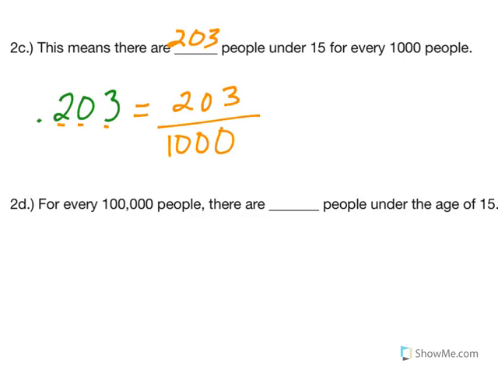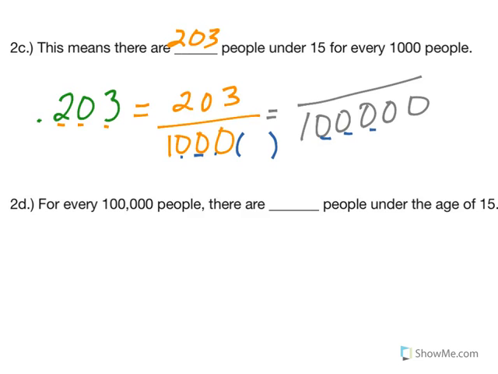Now, when we work to letter D, we can use this same concept and think, if we know that it's 203 for every 1,000, how many would it be for 100,000? You can either solve this like a proportion, or you can say, what did I multiply by 1,000 to get 100,000? Well, here's 3 zeros, here's 3 zeros.